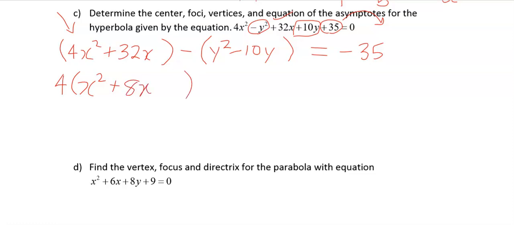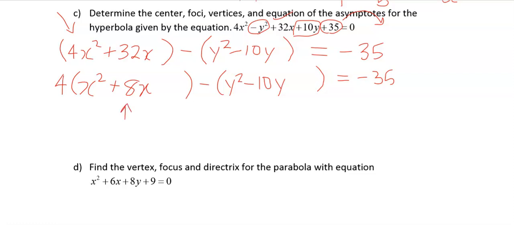And now I'll leave a little space because I'm going to complete the square there in my next step. And then I go minus y squared minus 10y. Remember, there was nothing to remove from that second set of brackets, but I'll leave a little space on the end, and I'll just go equals negative 35. Okay, are you ready? Watch this now.